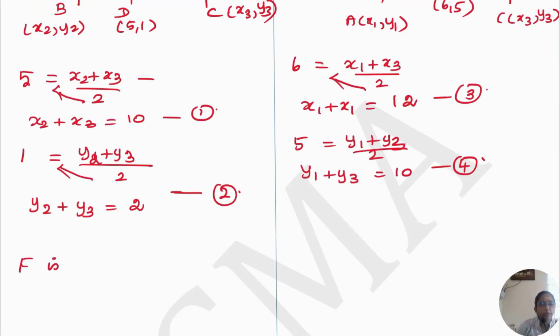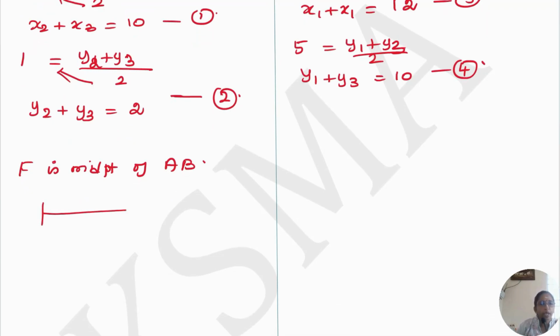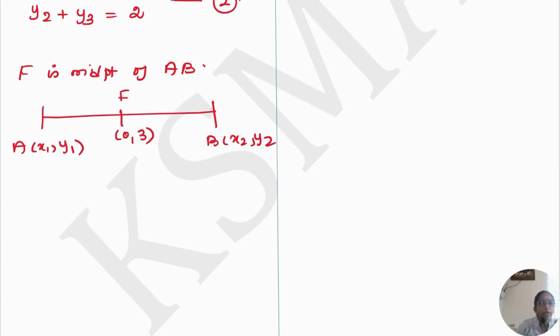Now F is the midpoint of AB. So now draw your diagram. So AB. A is (x1, y1) and our B is (x2, y2) and our F point is (0, 3). So now to write your coordinate value. 0 is equal to (x1 plus x2) divided by 2.